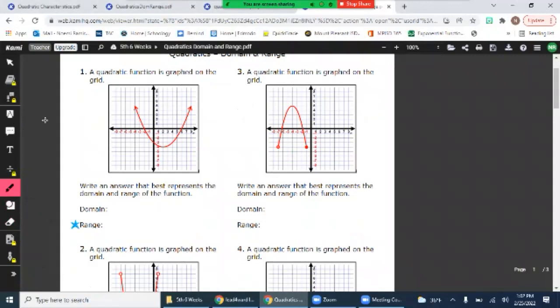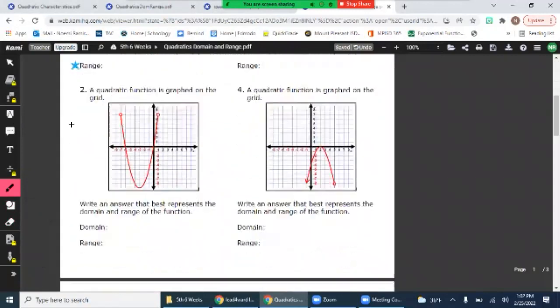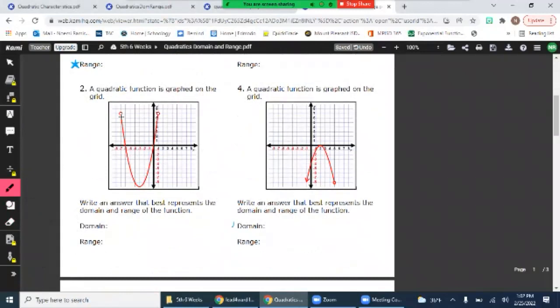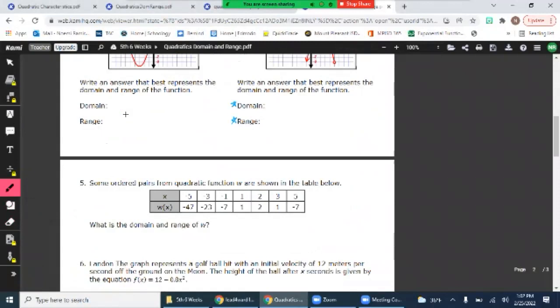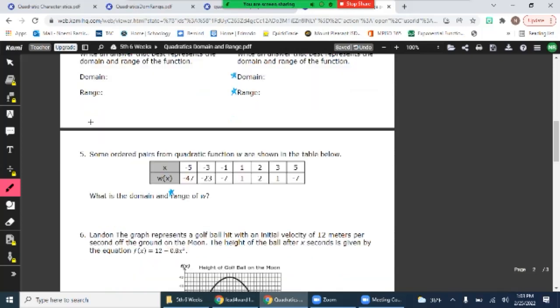Number 4, you're going to do both domain and range, written in word form, sentence form. For number 5, just the range. Put a little star on it. And number 9 and 10, just the range.